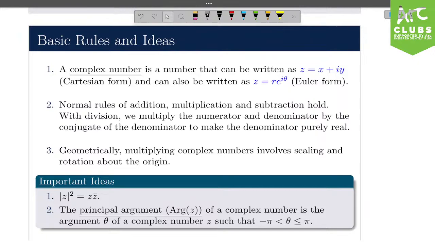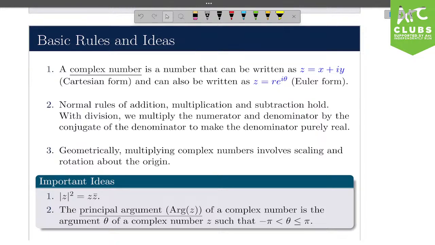There are also the normal rules of addition, multiplication, subtraction, and a notion of division as well. And when we multiply complex numbers, geometrically it's scaling and rotation.